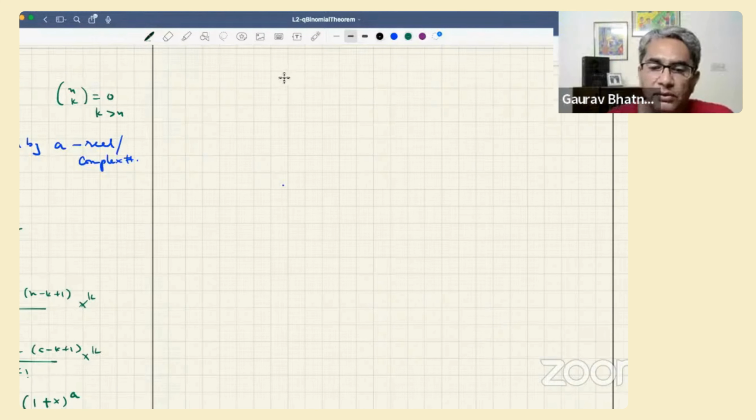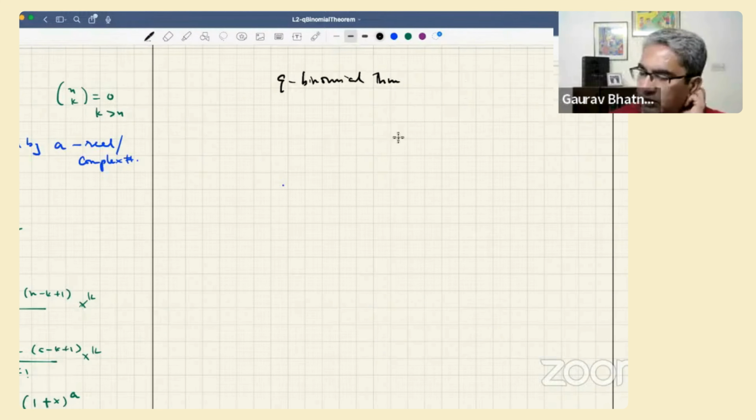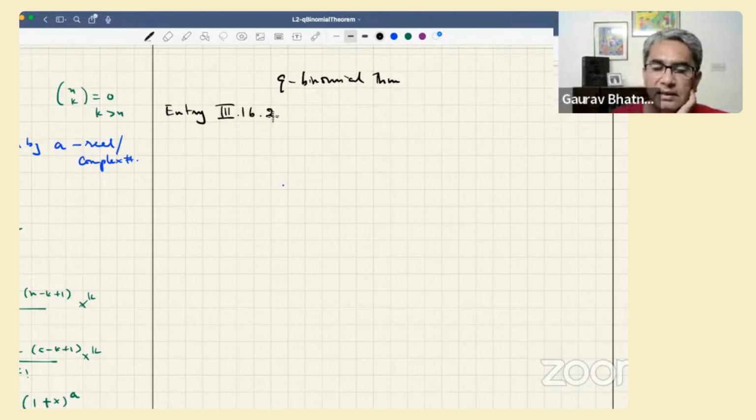Okay, so now finally we get to the q-binomial theorem. And I want to give Ramanujan's proof here. And this is entry 2 in chapter 16 of volume 3. So this is the theorem.